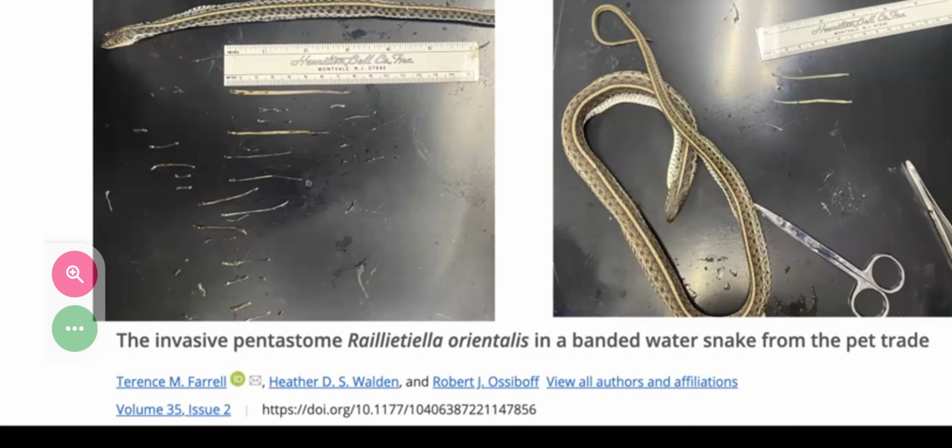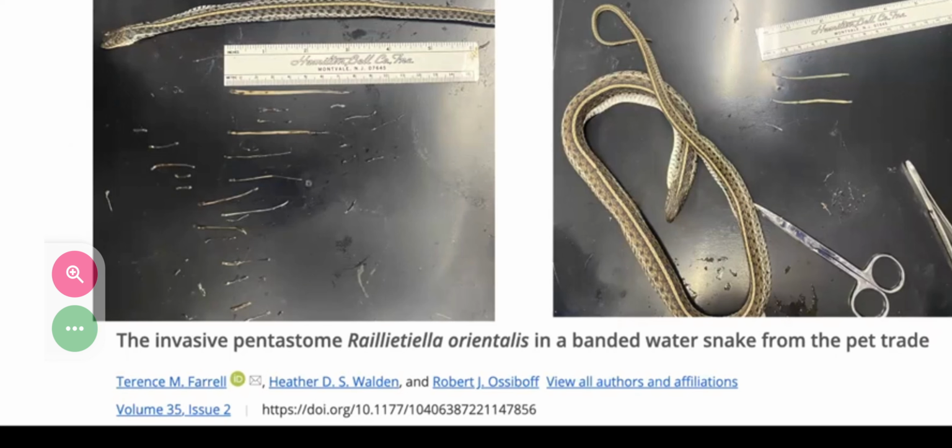Other people buy brown anoles from Florida, again, known competent intermediate hosts, as feeder material for their snakes. And so we are shipping out from Florida tens of thousands, quite likely, of anoles a year, many of which are designated to be fed to snakes.